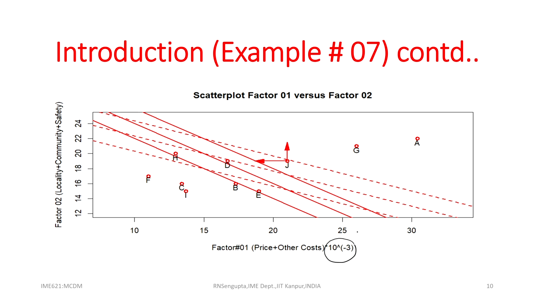There is no rocket science here, I just scale them down. And factor 2 was locality, community, safety, which was just the combined weight of the factors, each individually being between 0 to 10.